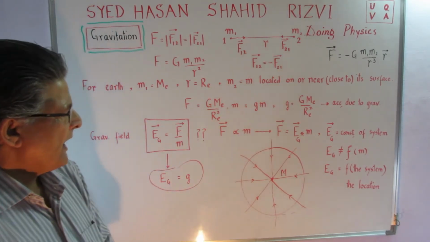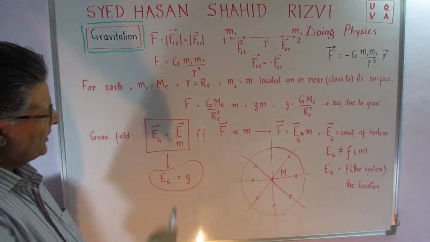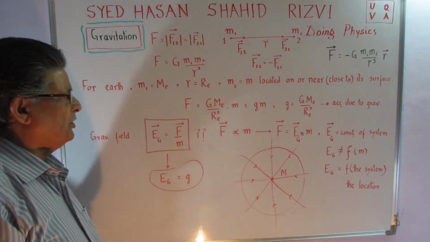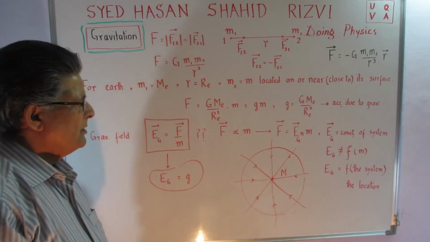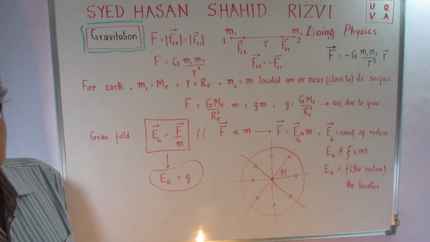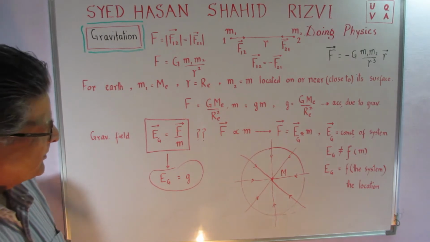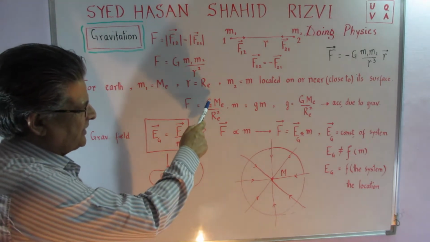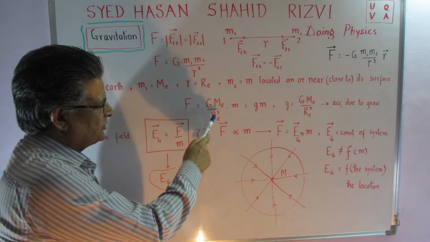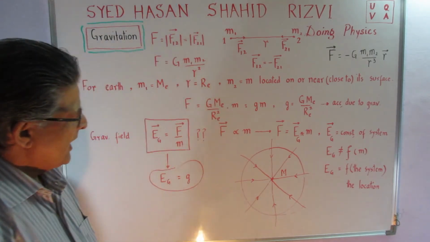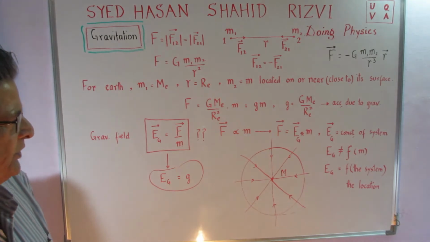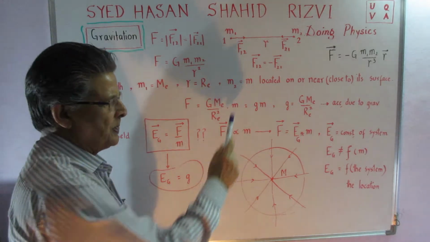In that case I can write this equation F is equal to capital G me upon re square multiplied by m. And because capital G is a constant, me is a constant, re square is also a constant, the whole thing becomes a constant. And for this constant I can write small g.